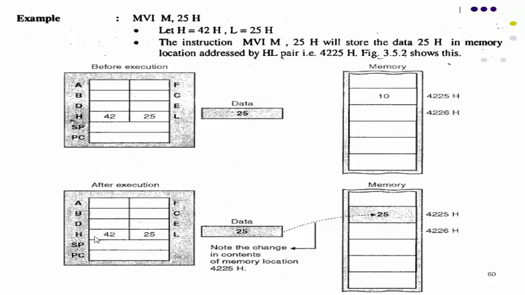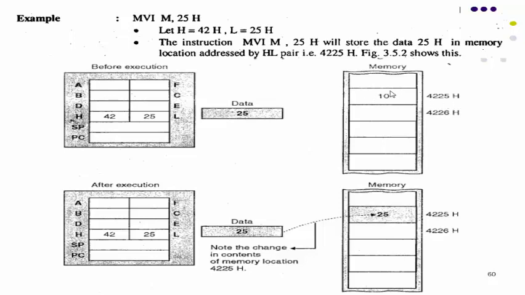Okay, so after the execution, the 25hex immediate data gets copied in the memory pointed by HL register pair. Now in this case in H we are having 42 and in L is 25hex, so the memory address is 4225. At location 4225hex, this 25hex gets copied.